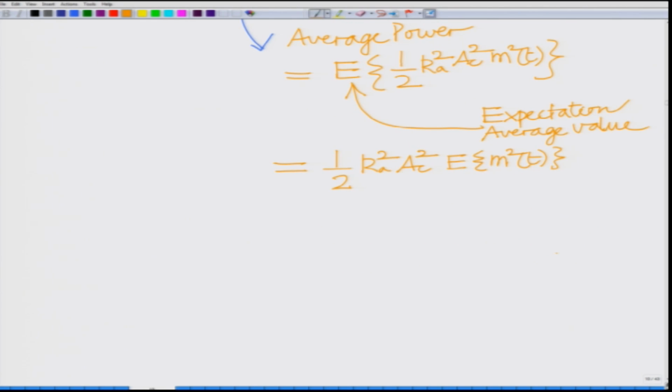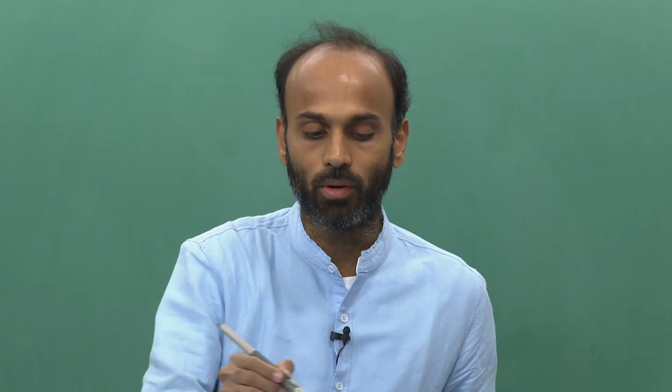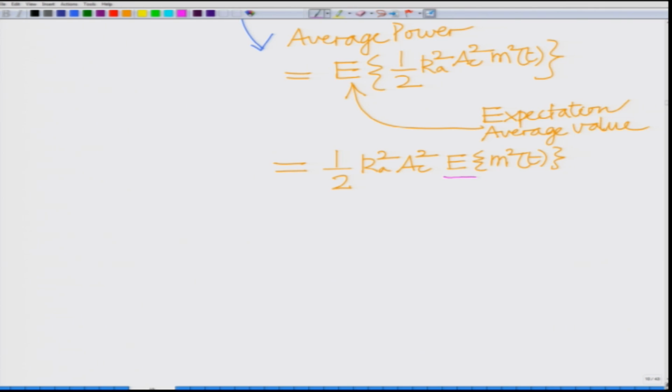But now realize the average value of m square t is nothing but the power of the message signal. We can denote this by the quantity P_m.